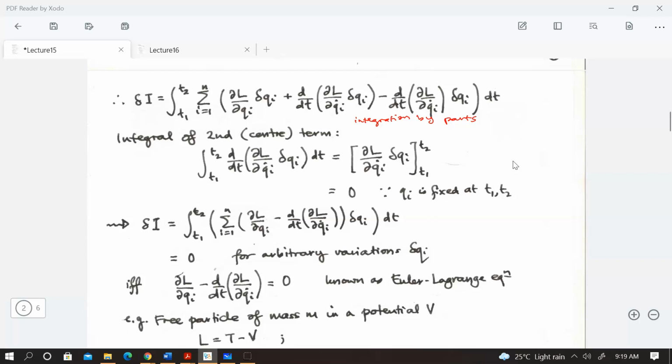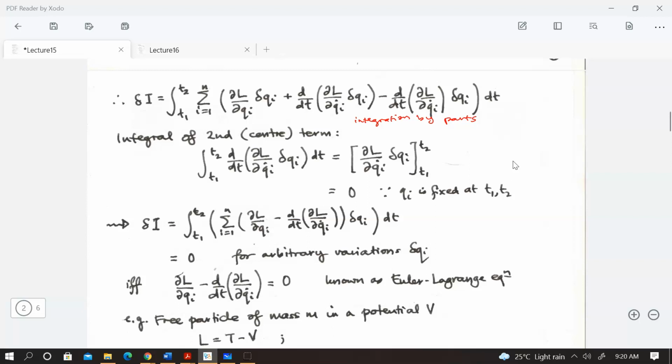Here I make it general in the sense that i runs from 1 to n, because you might consider a particle with three degrees of freedom, and then you consider say m particles, then you will have 3m, which we write as n. So it's just the number of degrees of freedom. That's the most important thing.